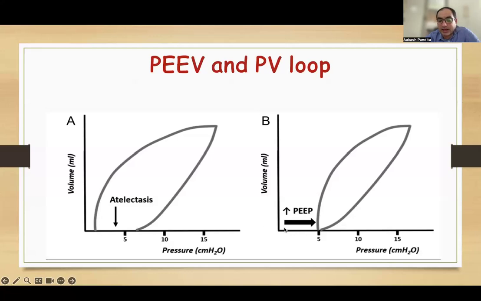As I increase the PEEP to 5, I open the lung and then I give the pressures, and you can see a smooth, steep rise in volume with the rise in pressures. So the graph on the left was atelectasis because of inadequate PEEP. As we increase the PEEP to 5 or 6, the lung opens up and then we give PIP and we can see an equal rise in volume, with the lung opening up and giving this PV loop.